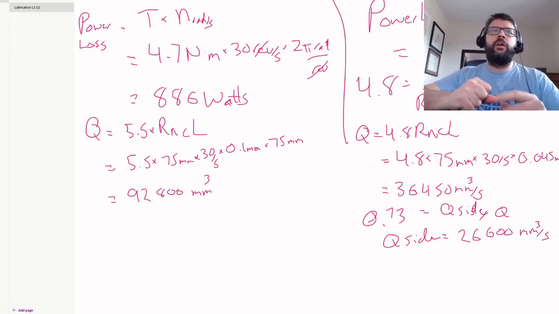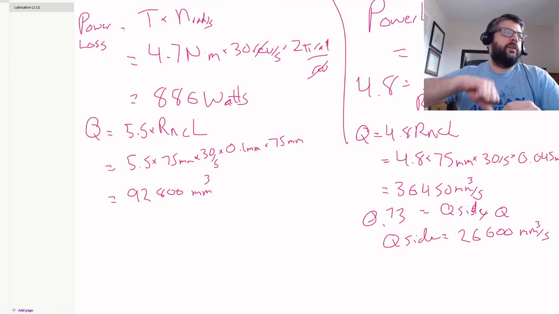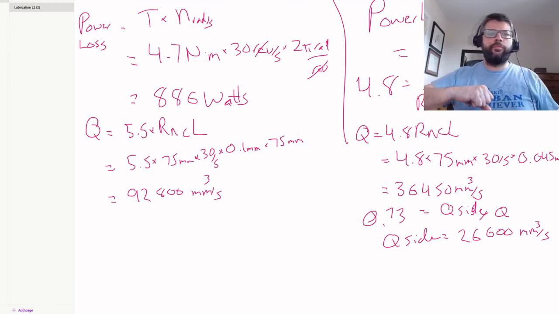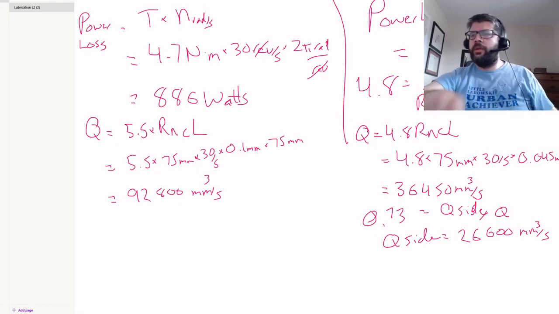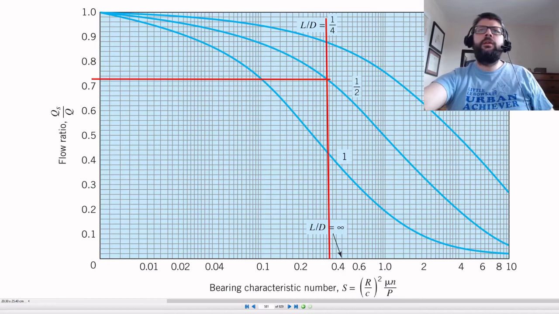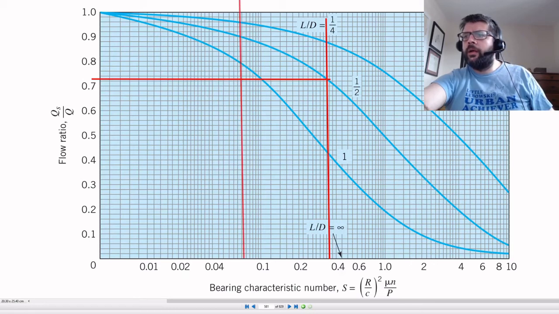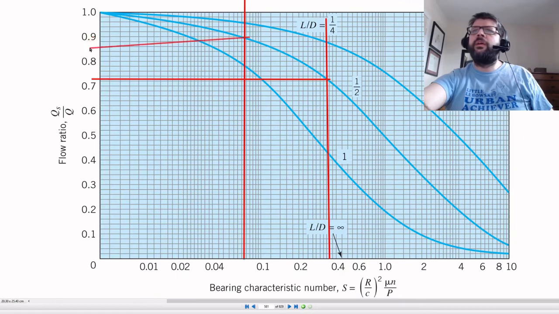A lot more clearance. It's got less friction because it's got more stuff going through. All right, so our side flow in that case, let's see here. Looking at about there, an intersection at right about there, 0.9.